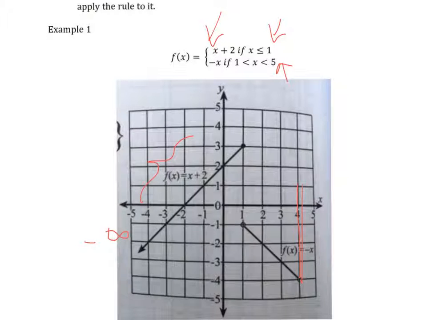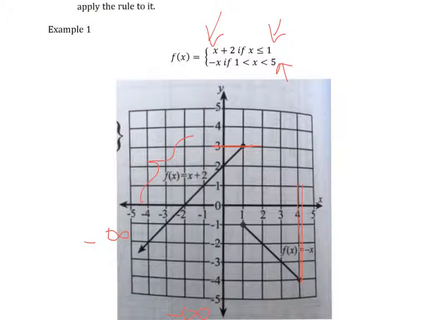As far as the range is concerned, we're going down towards negative infinity this way because of this line to the left. And as we go up the y-axis, it stops at a positive 3.